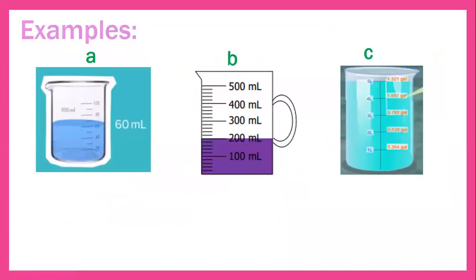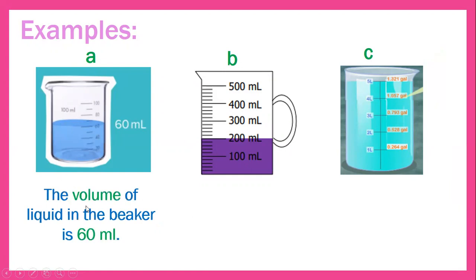So let us have examples. As you can see, we have 60 ml of liquid inside the beaker. So this container is called a beaker. We can tell that the volume of liquid in the beaker is 60 ml.